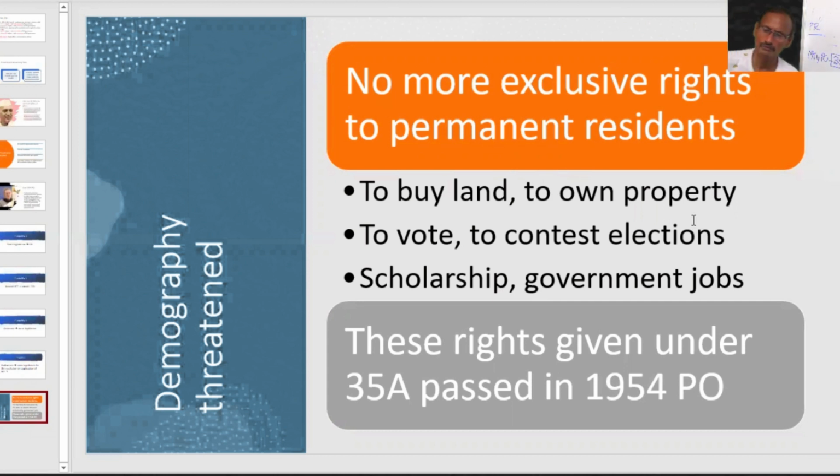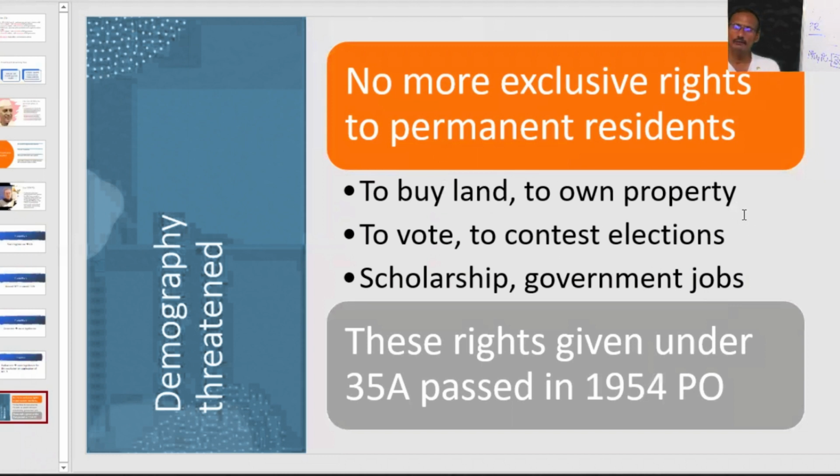Okay, but of course these arrangements are not exclusive to Jammu and Kashmir. Some scheduled areas have them, certain northeastern states have this. Not in all the provisions, but at a different level. But the provision to buy land and to own property, and also that only permanent residents vote and contest, makes that political system exclusively of the Jammu and Kashmir people.